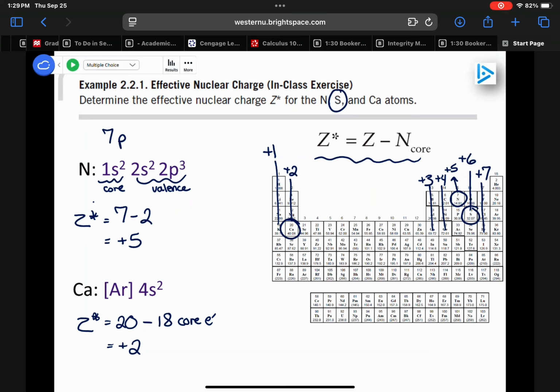So the experienced effective nuclear charge over here on the alkali and alkaline earth side of the periodic table, those electrons are experiencing like a +1 and a +2 and a +3, +4, +5, +6, +7. And those electrons have a much greater attraction to the nucleus as we move over here. So you can imagine how that's going to impact the size of the atom based on what its effective nuclear charge is, which is our conversation for next class.